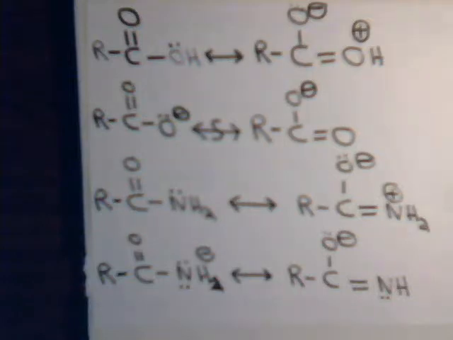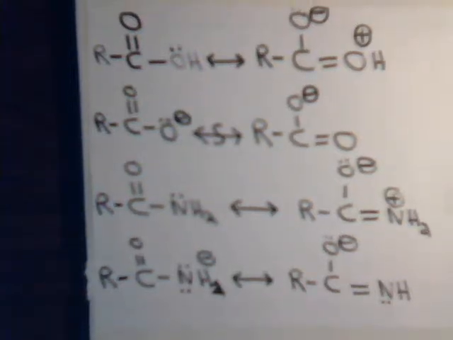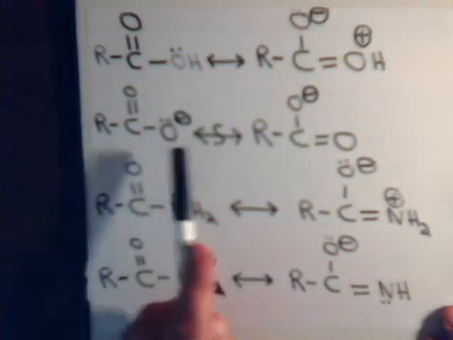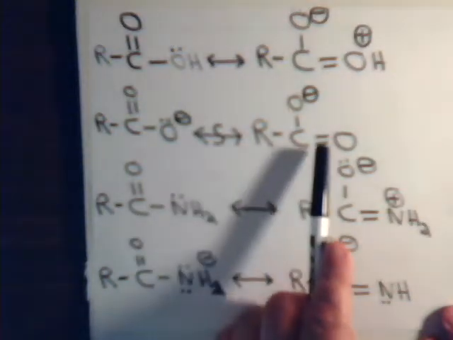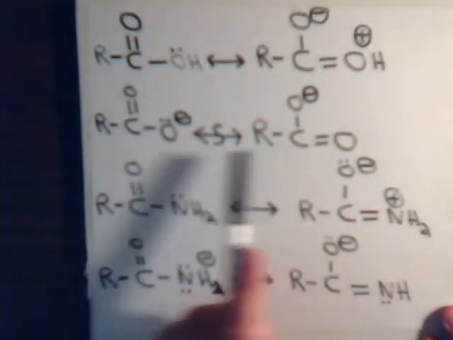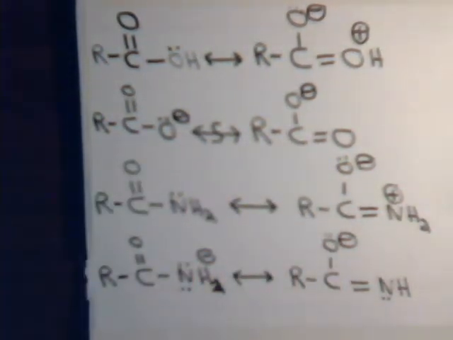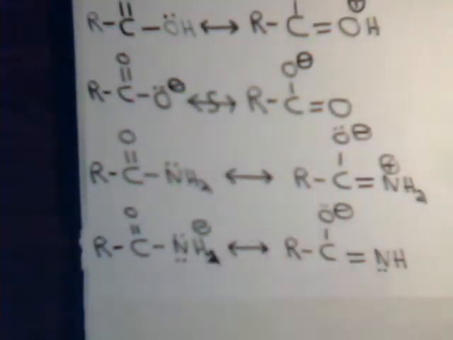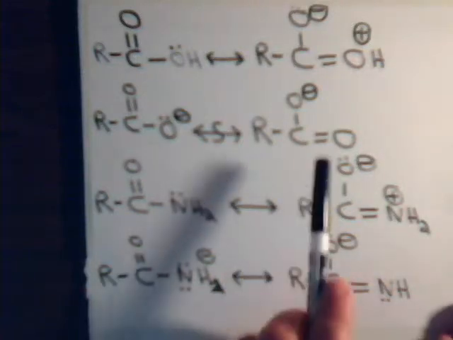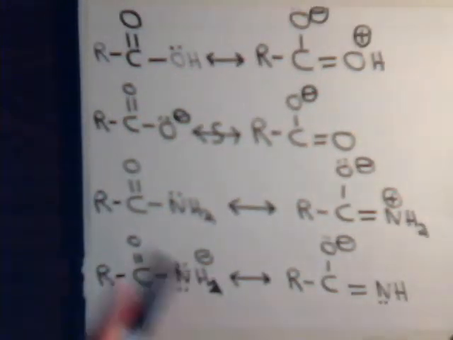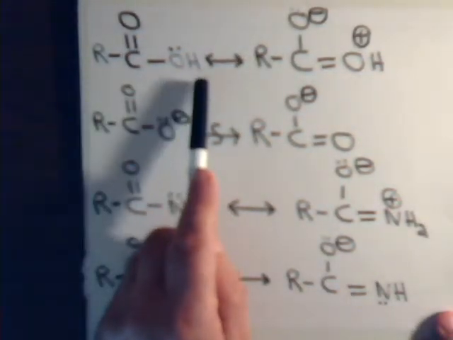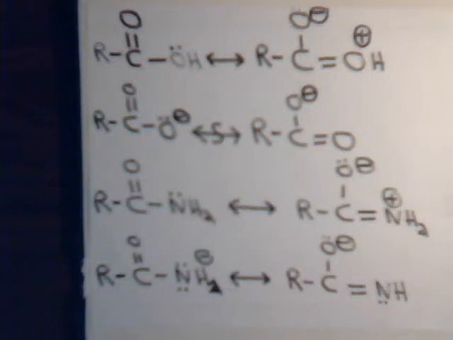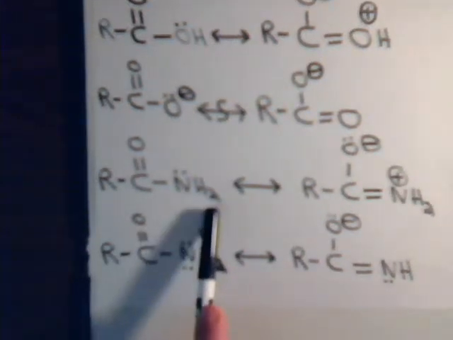Reason number 2, the carboxylic acid anion has a symmetry in the resonance structures that exist. No such symmetry exists here, so this has a better resonance stabilization than this, meaning that the carboxylic acid is more motivated to lose the hydrogen than the amide is.